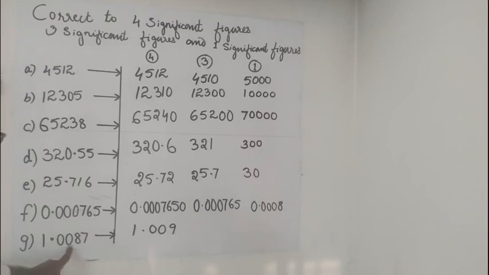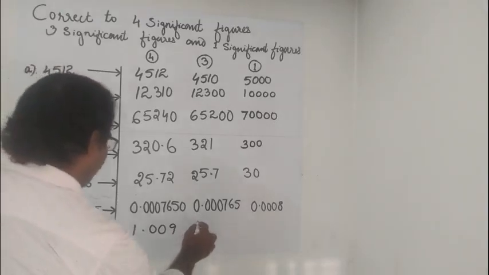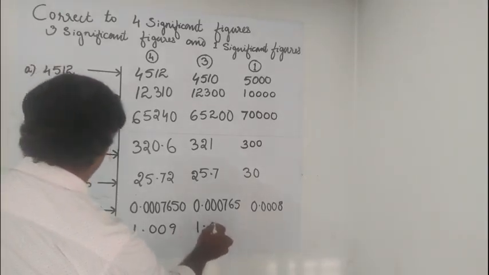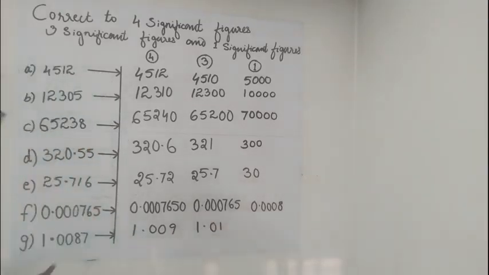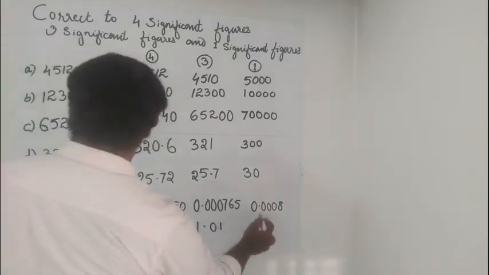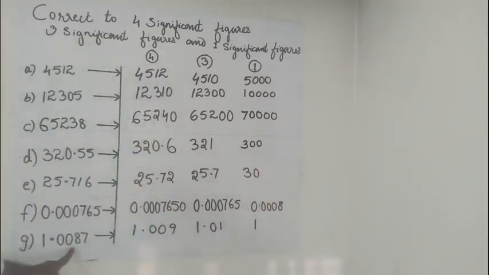After 3 digits, there is 8. So add 1 to the previous number. So 1.01. Got it? Next, 1 digit number. So here is 1. So simply write down 1 here. Need not put zeros here. Okay, got it.